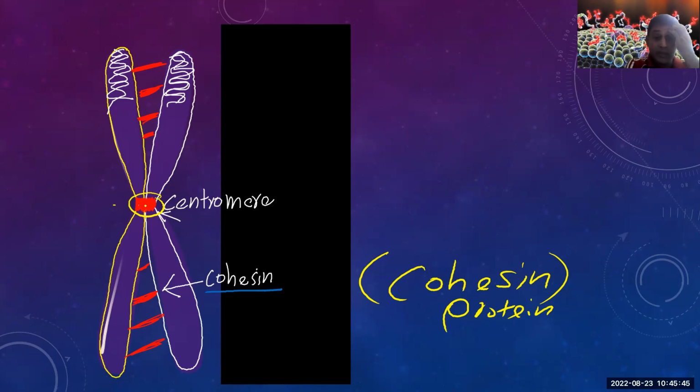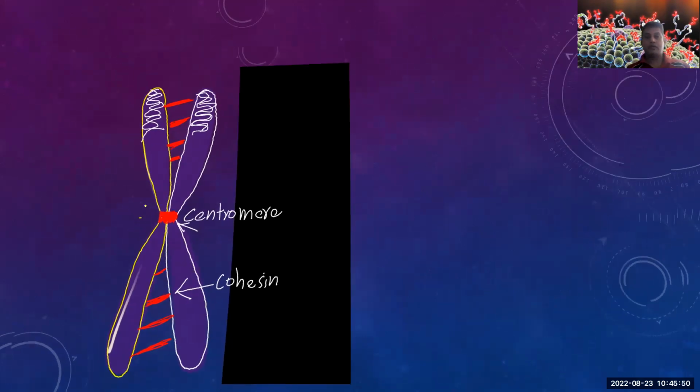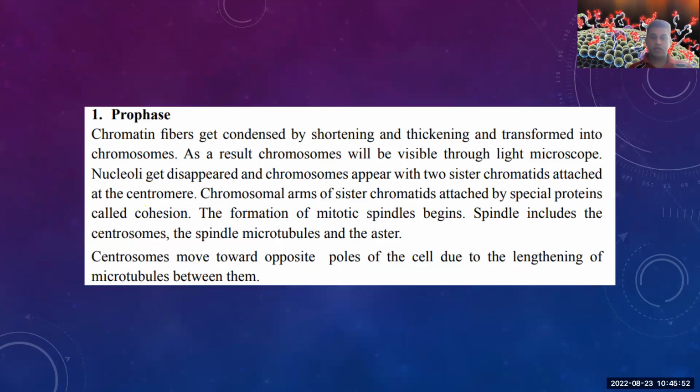Okay, so we learn about chromosome molecules, and there is a small mistake in the textbook. The text says, chromosomal arms of sister chromatids are attached by special proteins called cohesion. Cohesion is like a verb, like a process.